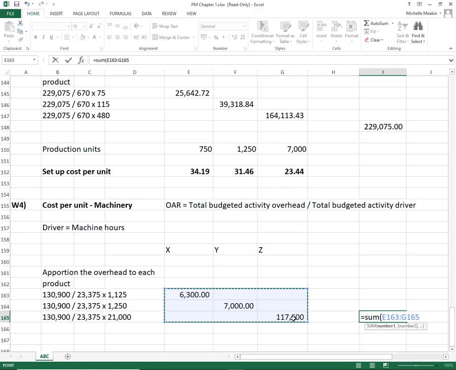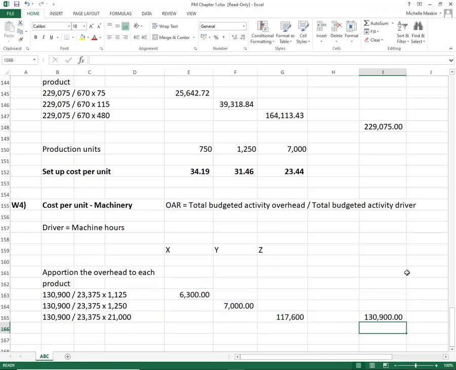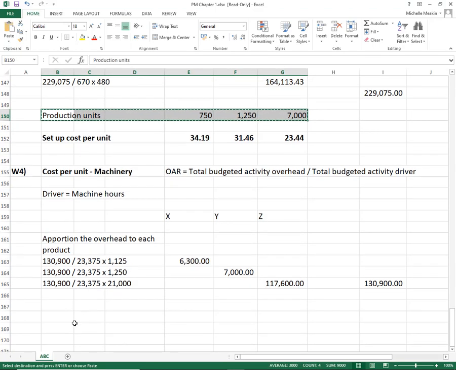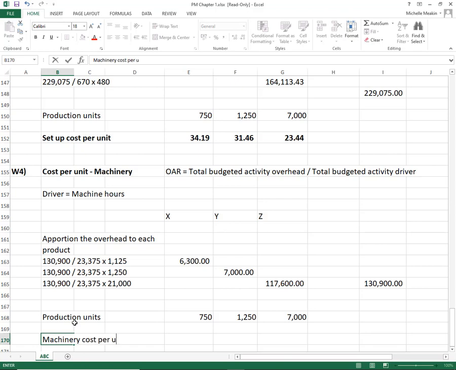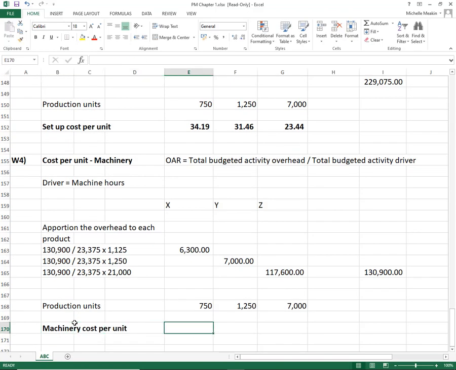I will again cast down those numbers, just make sure it's the total overhead that has been allocated, and it is. Once I've done that, I will take down my production units and I will work out a machinery cost per unit by simply taking the overhead I've apportioned to the product and dividing it by my production units.